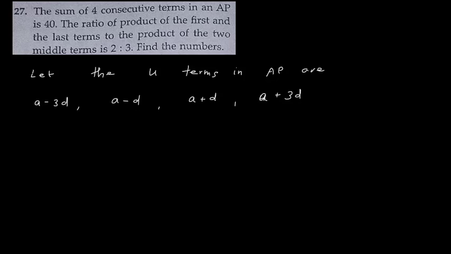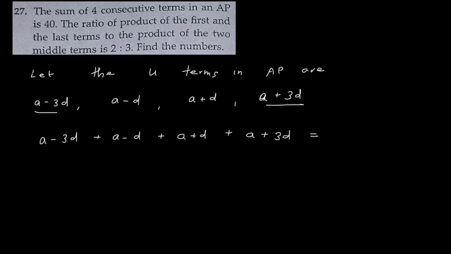The ratio of the product of the first and the last term. So this is the first term, this is the last term. First, they have given the sum is 40. So a minus 3d plus a minus d plus a plus d plus a plus 3d.